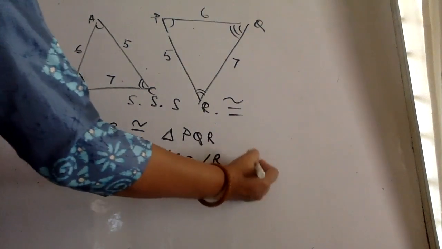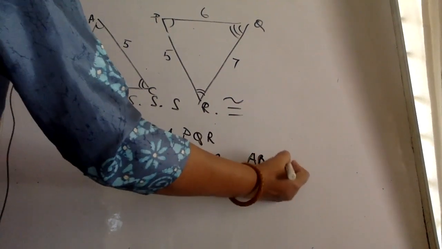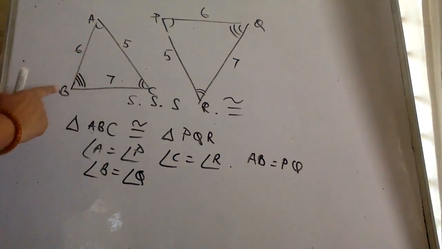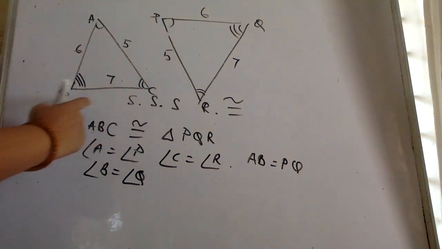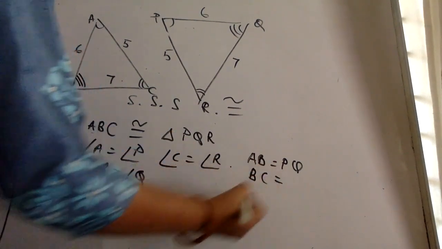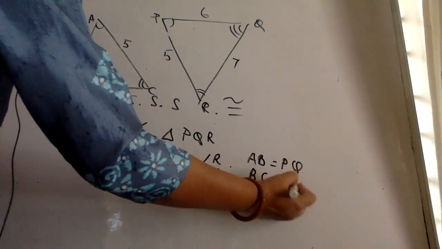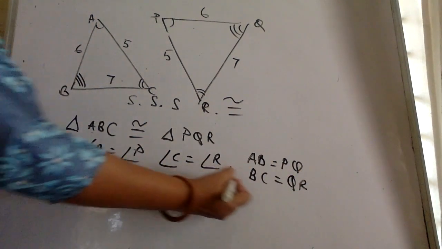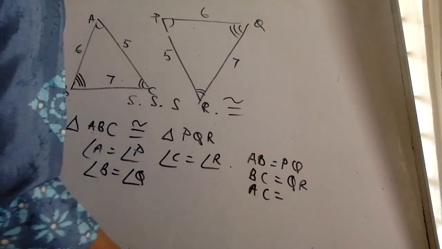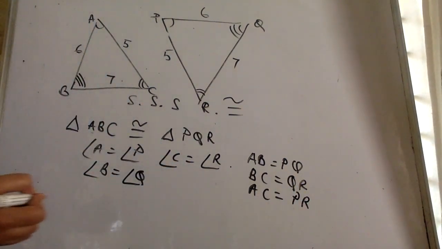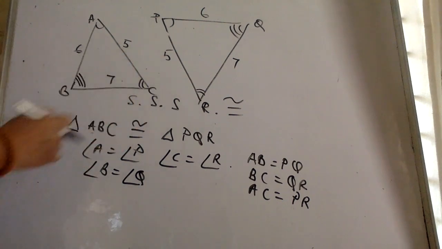Now let's see, AB is equal to PQ, then BC is equal to QR, and AC is equal to PR. How did I get it?